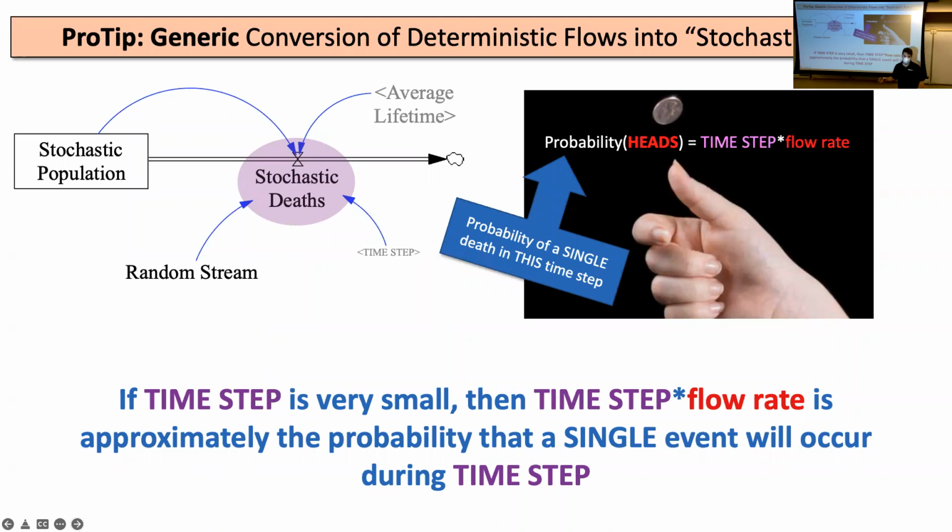We already want small time steps, but if it's really small, then whatever flow rate you have, if you multiply that flow rate by your dt, by your time step, the number you get will be less than 1 because your time step's super small, and the number you get will be a probability of an event occurring, either an inflow event or an outflow event, in that little time step. So that ends up being our model that allows us to turn any flow rate into this probability.